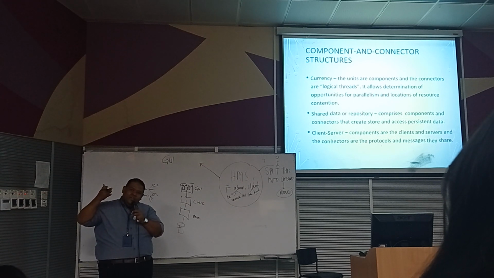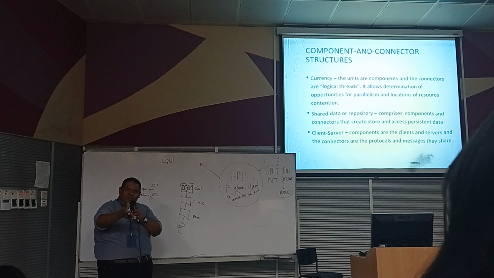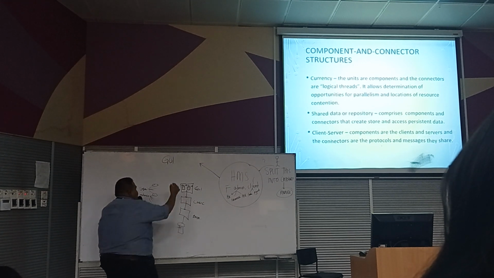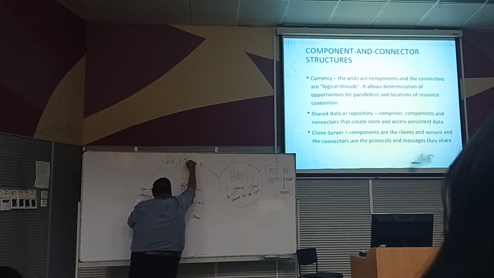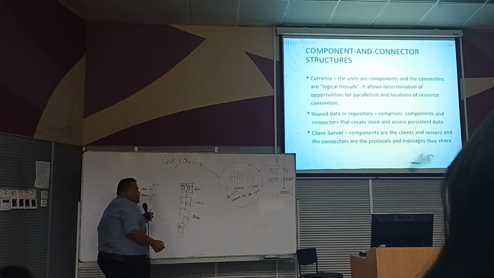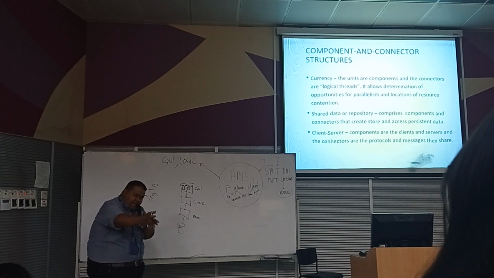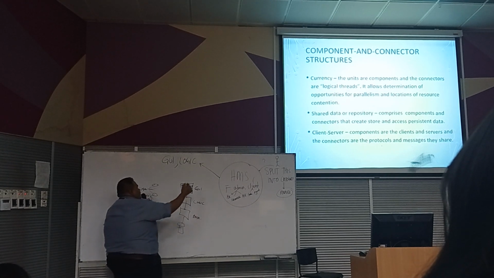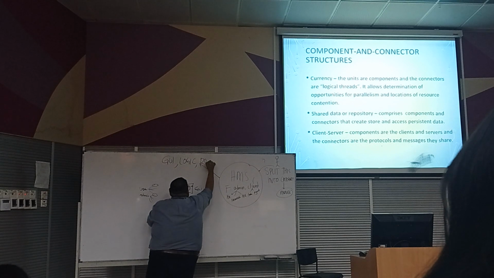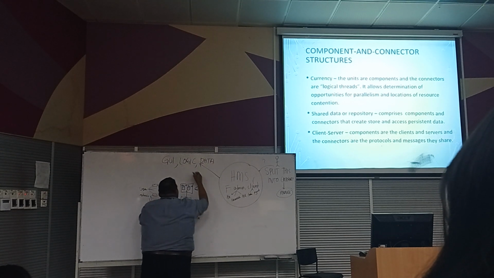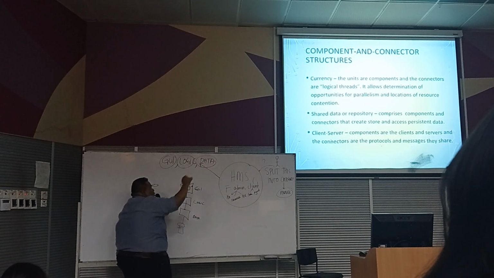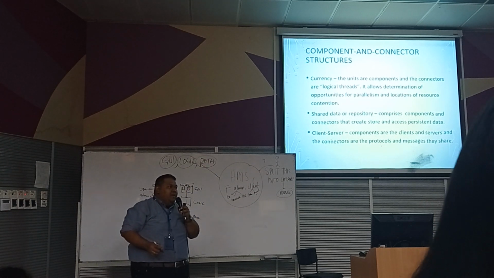So after the user enters the system through the GUI, what will be waiting for them? Logic. From that logic, what will be the next step? Data. So this is called module structure.